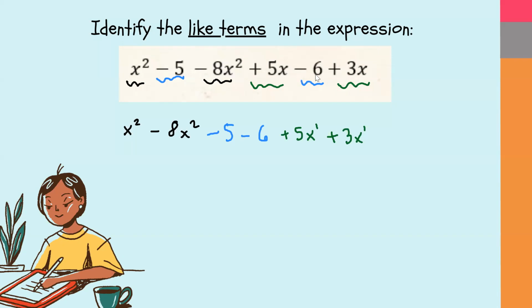And now I can simplify. So I have x squared. Remember, we have a 1 here. 1x squared minus 8x squared. That would give me minus 7x squared. And minus 5 minus 6 will give me minus 11. And positive 5x plus 3x is going to give me positive 8x.